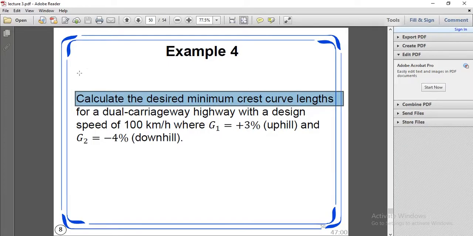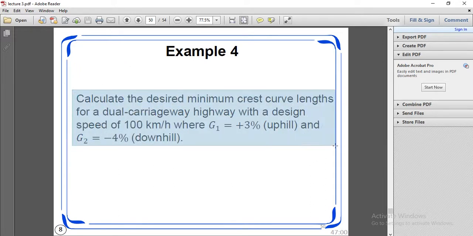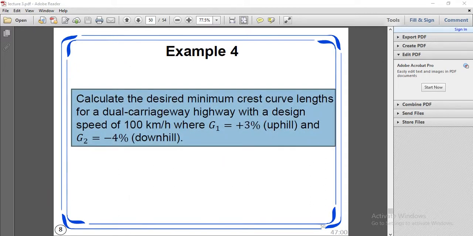So now in this example 4, first I will copy this question.